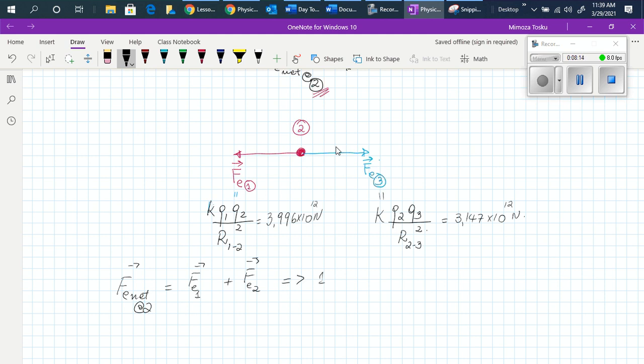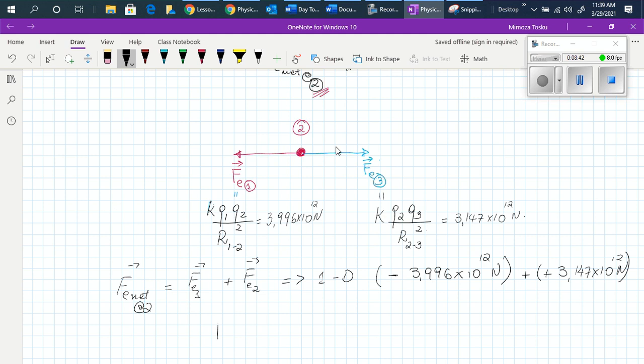And since this is in a 1D direction, one dimensional, they are collinear with each other, so we assign 1 as the negative. So negative 3.996 times 10 to the power of 12 newtons plus positive 3.147 times 10 to the power of 12 newtons.